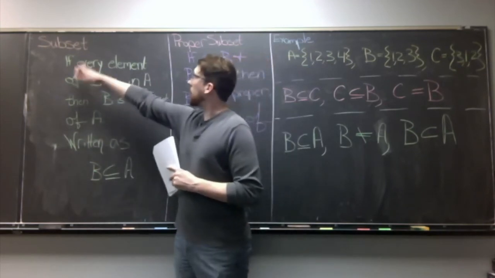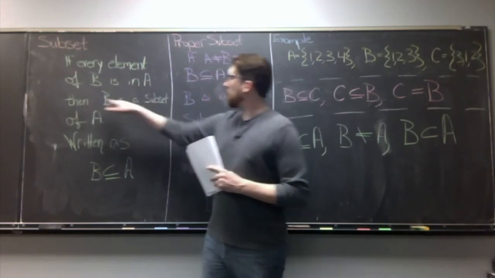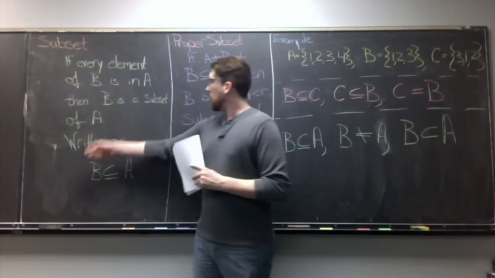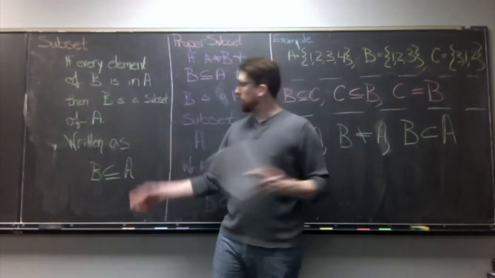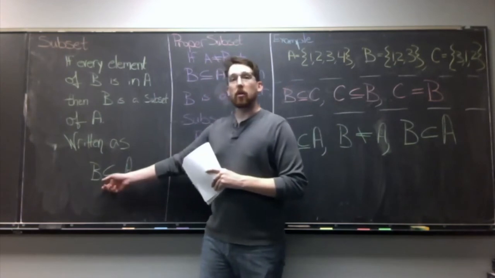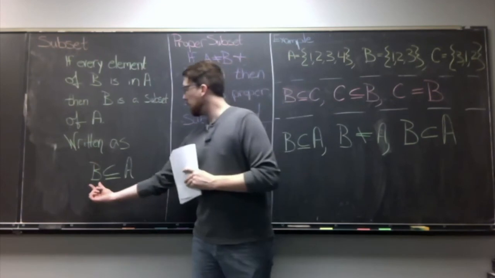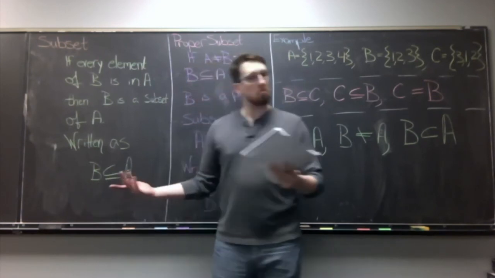So, as we've got here, if every element of B is in A, then B is a subset of A, right? Okay. Well, because we're mathematicians, we want to write this in shorthand notation, and we use this notation here, this sort of sideways U with a line underneath it to say B is a subset of A. Cool, fair enough.